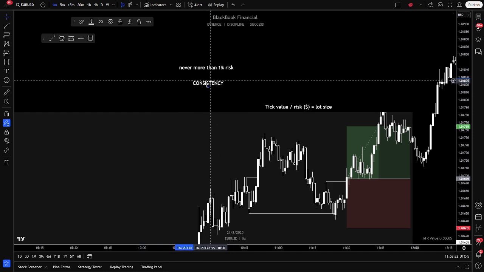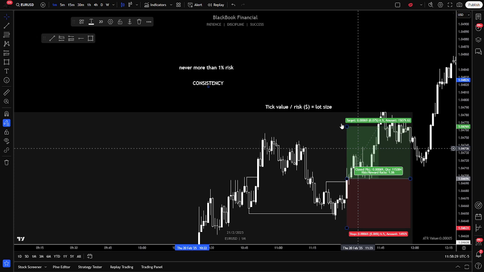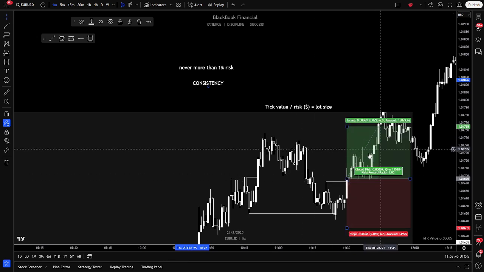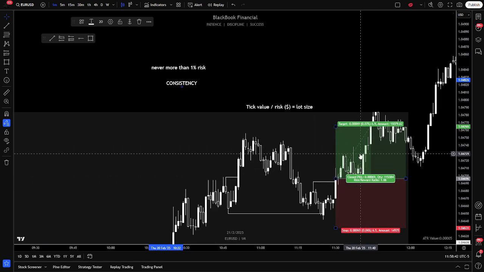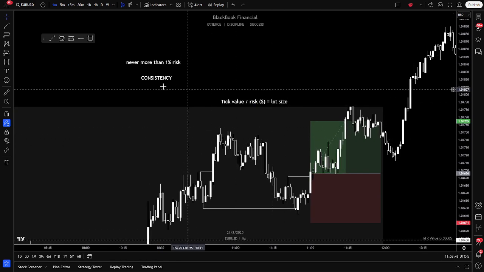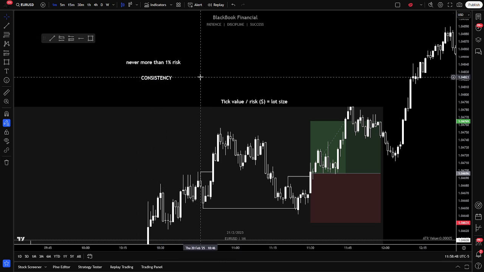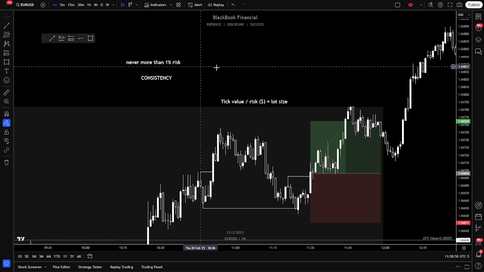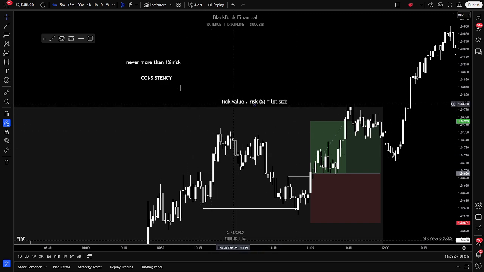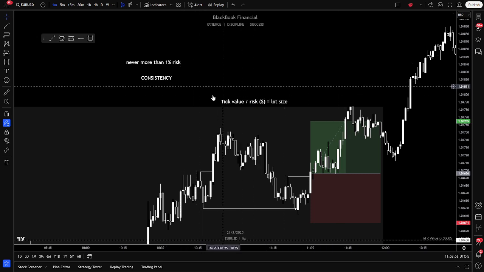When you're trading, you don't want to enter randomly. You don't want to have random stops. You don't want to have random lot sizes. You do not want to be risking a random dollar amount just because you feel like it or your emotions get in the way. You want to be consistent, right? And if you lose a trade and you risk, say, 10% of your account, then you're down 10%. And not to mention the psychology that comes along with that.